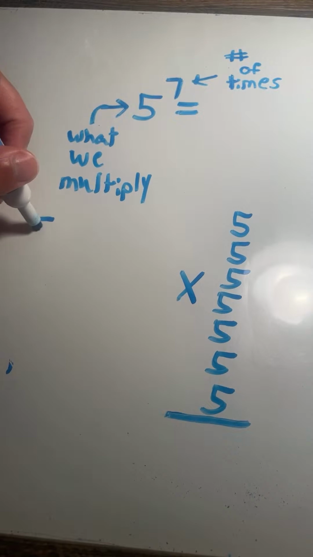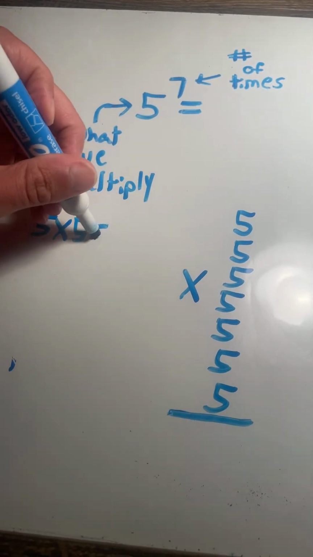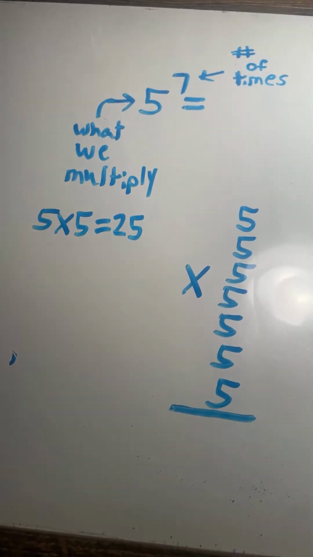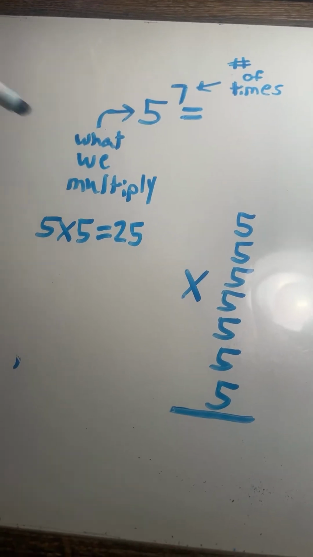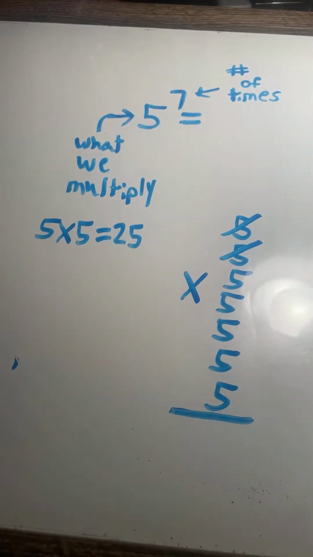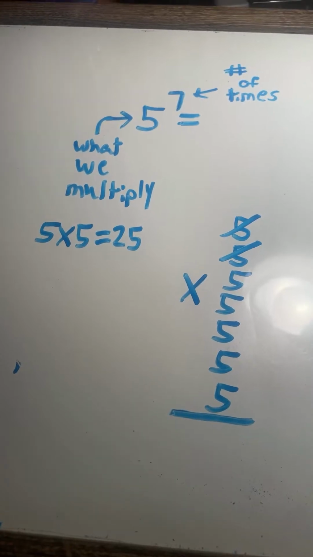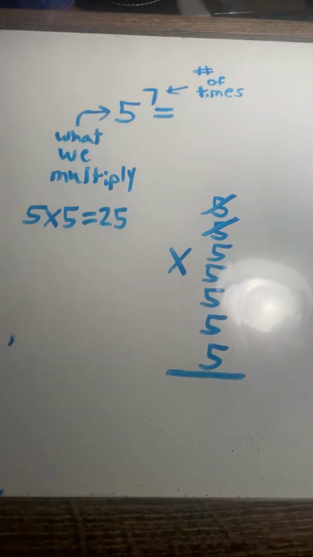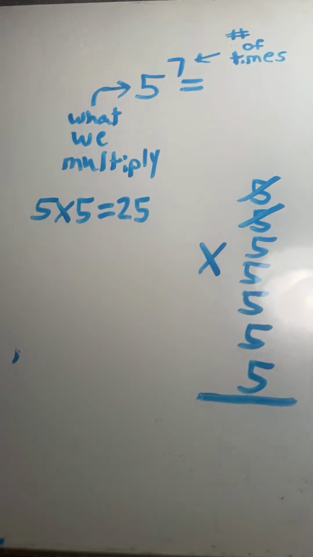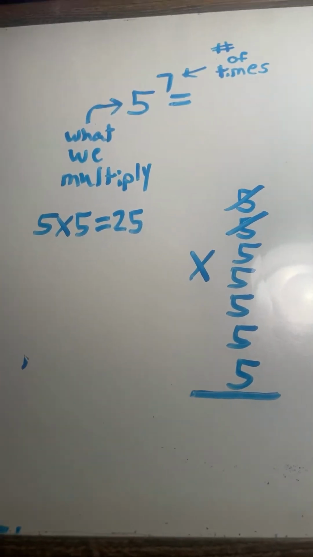So it starts off simple. 5 times 5 equals 25. So we just multiplied the number 5 twice. So next we have to multiply 25 times 5.